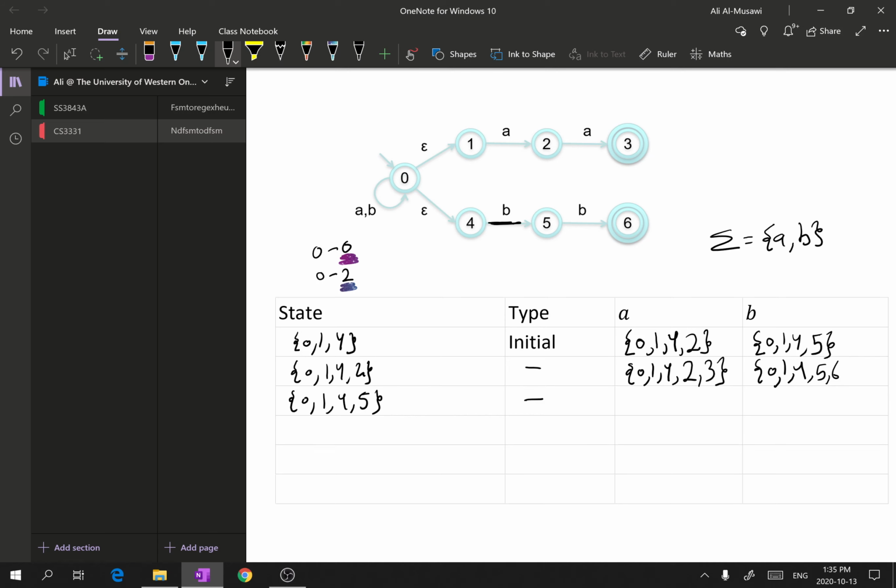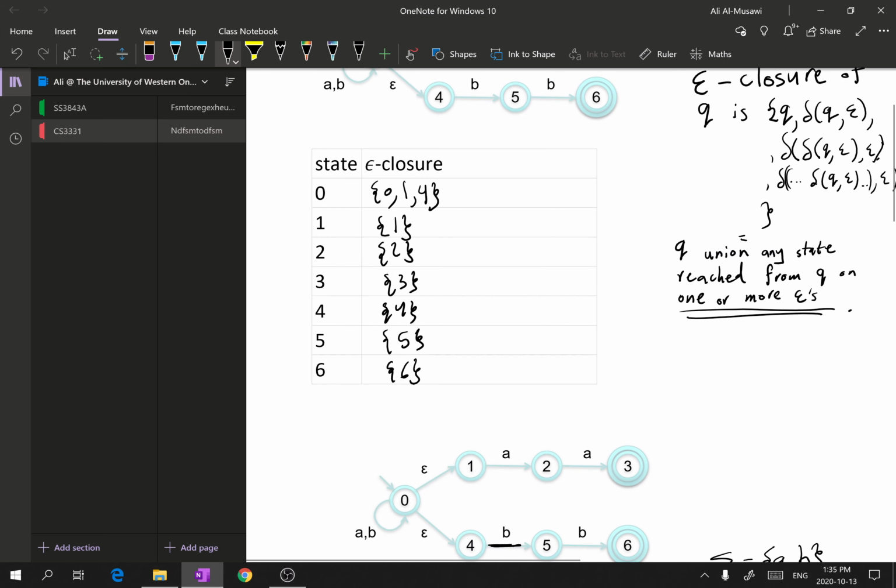Now, I'm ignoring the epsilon closures because the epsilon closure of every set is itself. So if I have like 4 to 5, I add 5 because I can reach it from 4, and I have to add the epsilon closure of 5, but that's just 5. And again, we cannot repeat the elements in this set, so that would be meaningless. But you have to be careful if this was a different example.